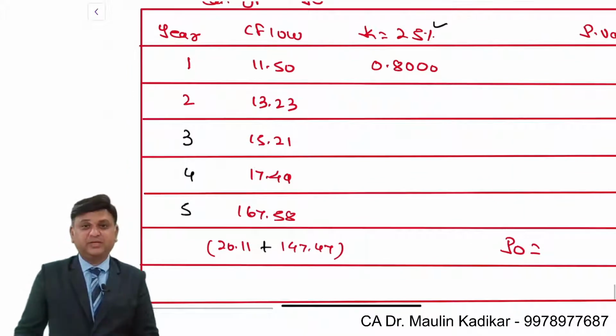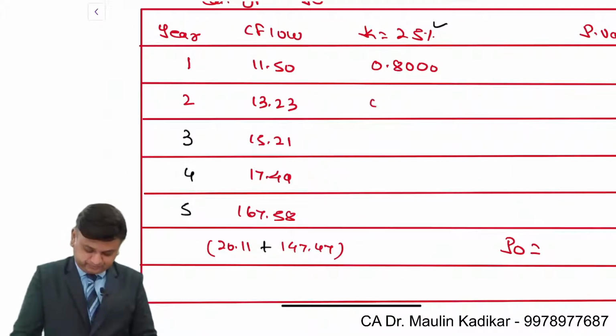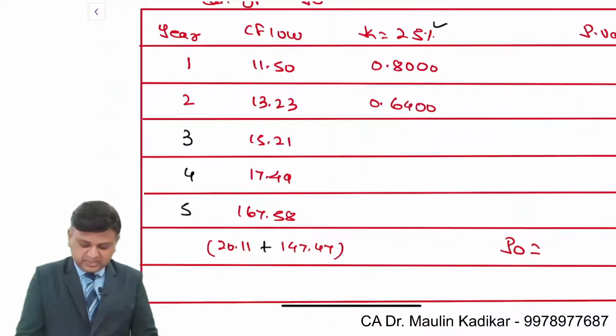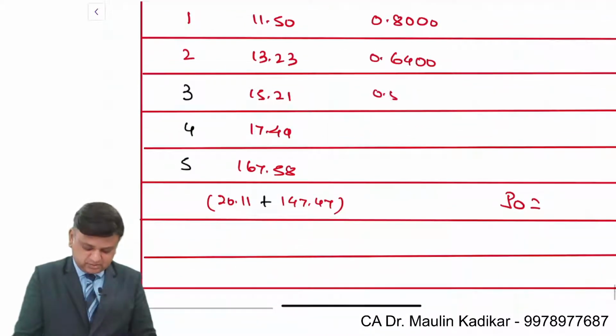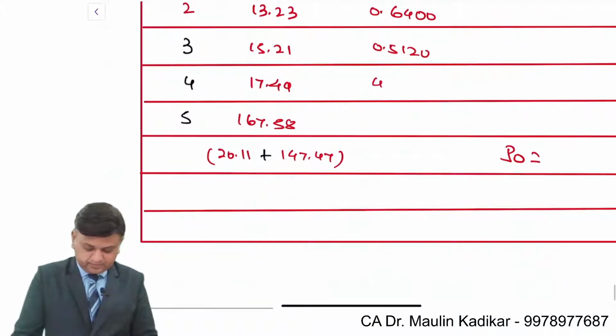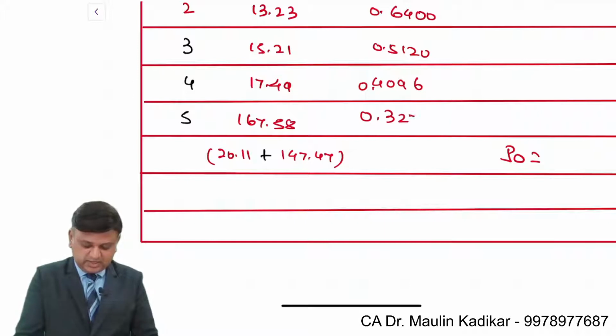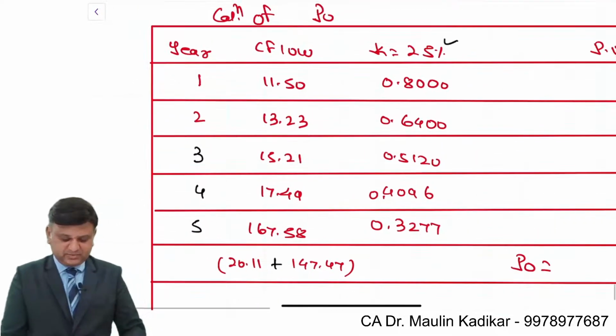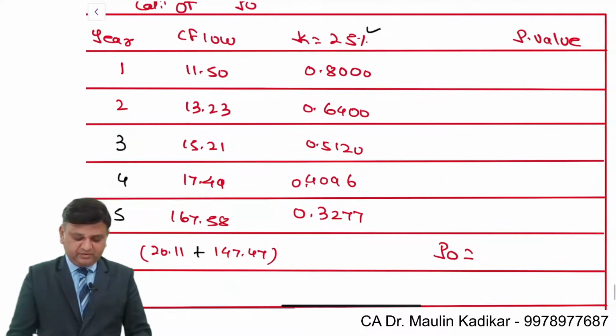These cash inflows will be discounted in present value term to find P0. Second year 64 paise. Third year 51.20 paise. Fourth year is 40.96 paise. And fifth year 32.77 paise. All of them will be discounted in present value term.